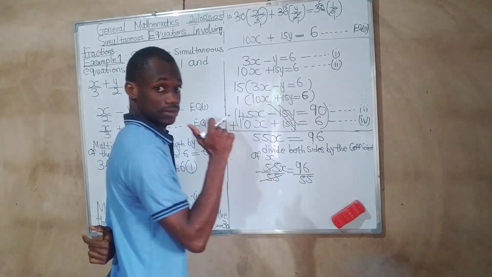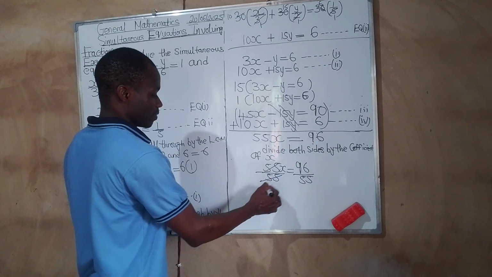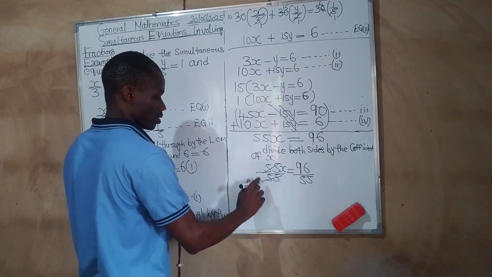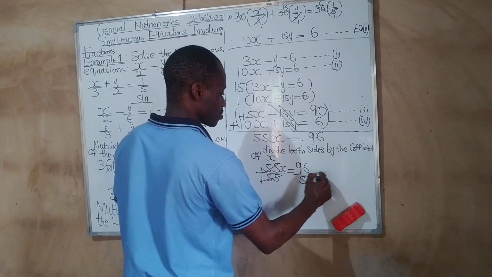Cancel this. 55 divided by 55 is 1, so 1 times x. So x equals 96 over 55 is actually the answer.